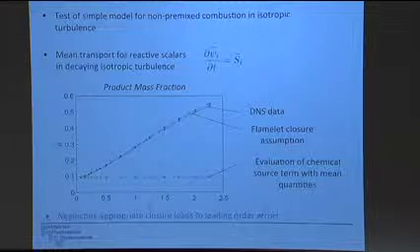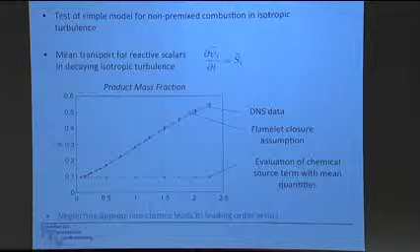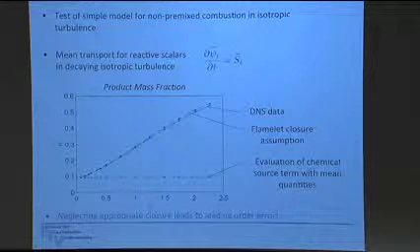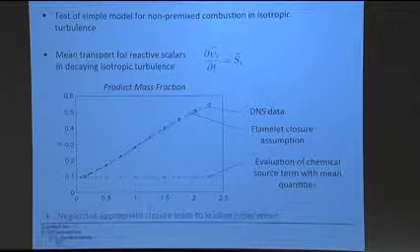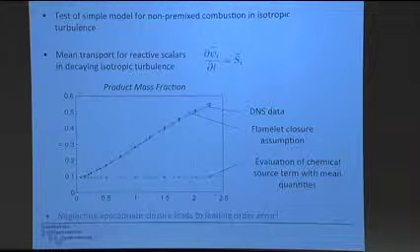If you use the flamelet closure assumption, we'll talk about this later on. We derived these flamelet equations already, and you see it's not bad, actually. But the point is, neglecting closure leads to a leading order error. This is not a small error you make. That's a big error you make.